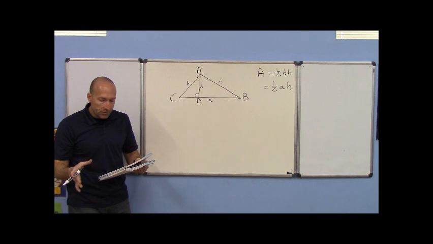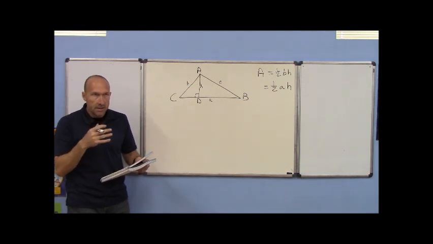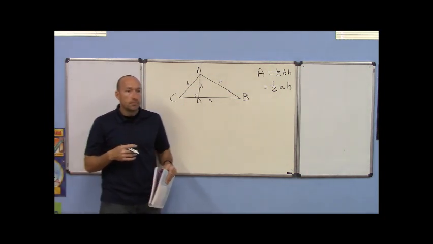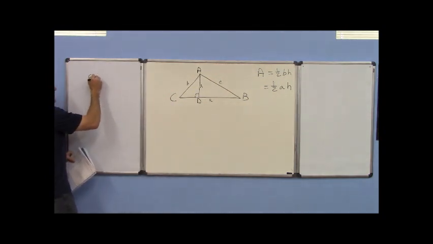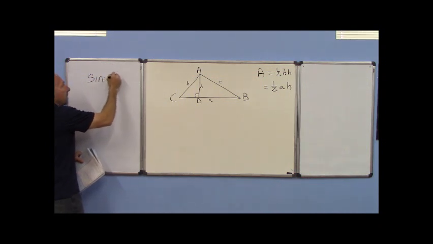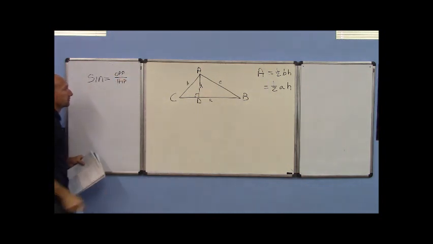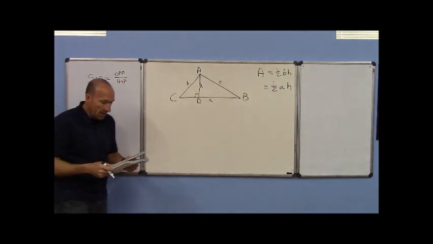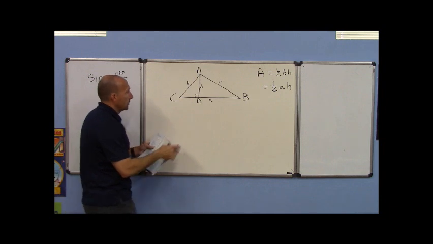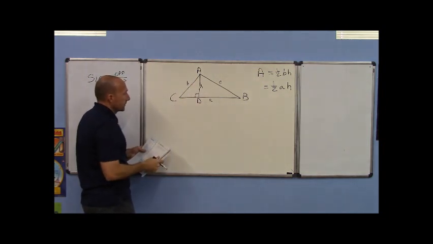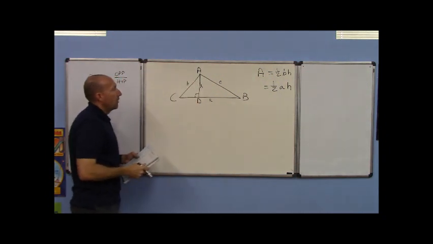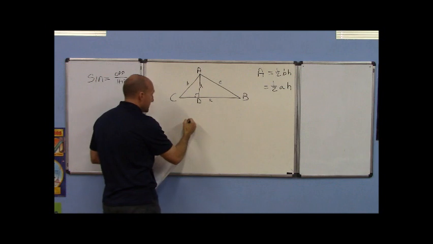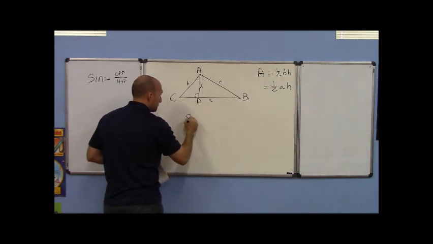What first we have to understand is ways that we can use sine to help us out. Now again, what is sine? Sine is opposite over hypotenuse. Okay, opposite over hypotenuse. So if we look at angle ADC, within this triangle here, what is going to be the sine of C?